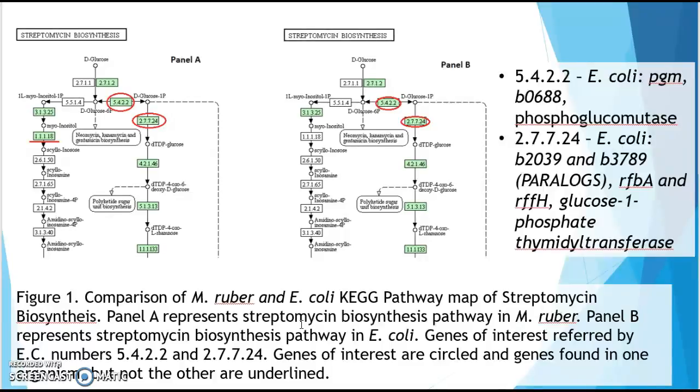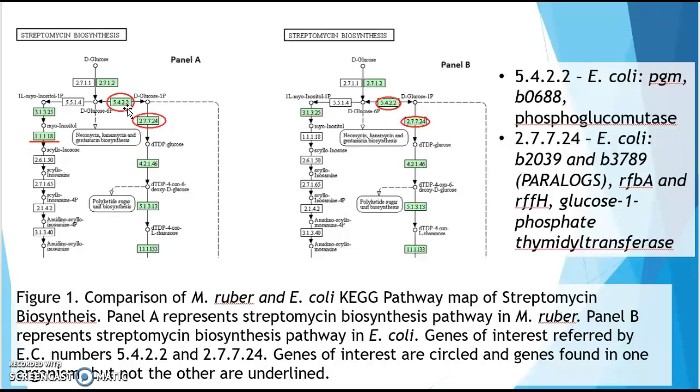On the Myothermus ruber biosynthesis pathway, it can be noted that the same EC numbers are in the same positions as that of the E. coli. EC number 5.4.2.2 represents the locus tag MRUB2052, and the EC number 2.7.7.24 represents the locus tags MRUB0628 and MRUB2034.